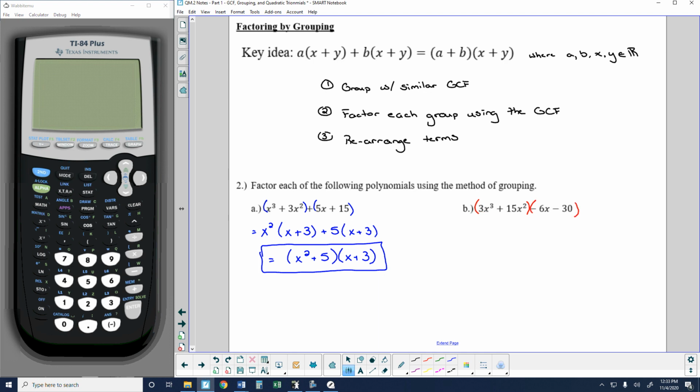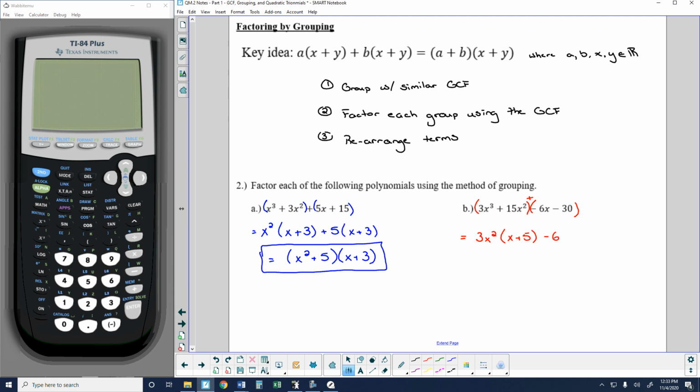Now notice that I have that negative inside the parentheses. So I'm going to put a little plus sign here because there's an addition of these two groups. These two groups are not being multiplied. So for my first group, I want to factor out the GCF. My GCF is going to be 3x squared, which would leave x plus 5 in parentheses. My GCF for that second group is going to be a negative 6.